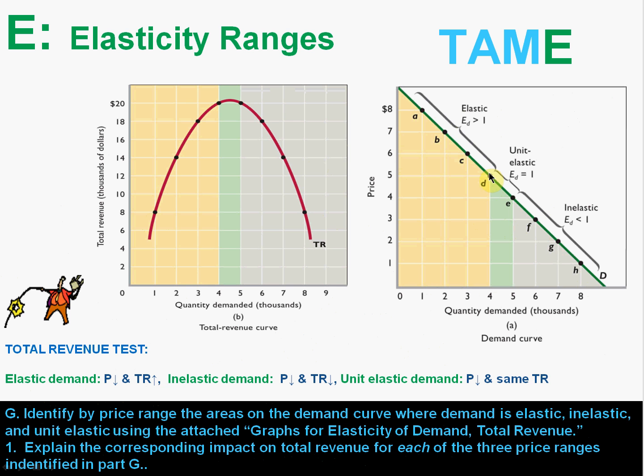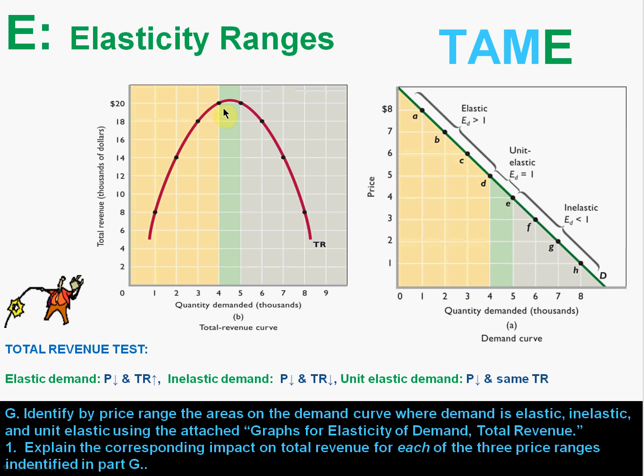Now, let's talk about unit elastic. Remember, unit elastic is where we have a coefficient of 1 in regards to the elasticity of demand equation. That means that unit per unit, we find a matching of quantity demand response to price change. That means that between 5 and 4, the percent change in price here is exactly matched when we move from 4 to 5 using the midpoint method.